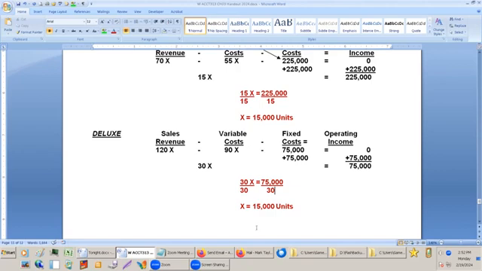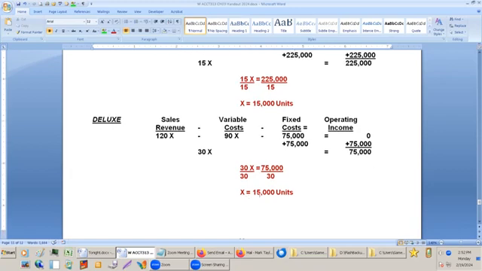So 5,000 divided by 30. 500. And yeah, that would be 1/3 of those, or 1/6 of those.